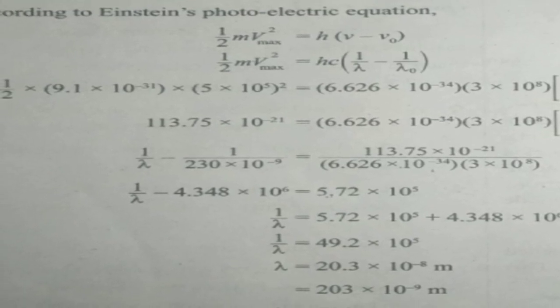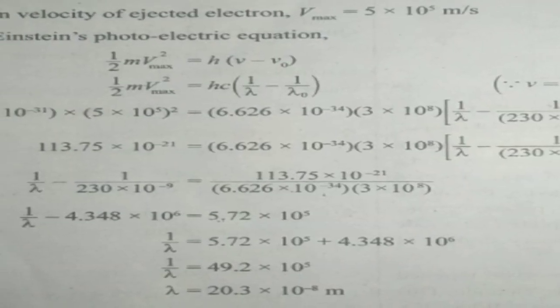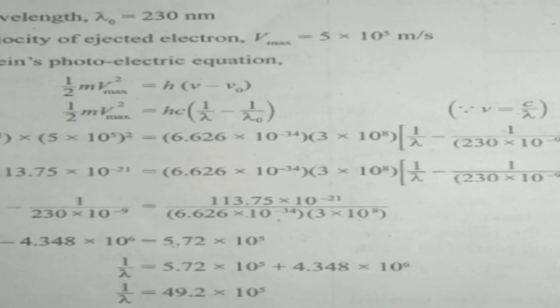Then we are taking the whole bracket, 1 by lambda minus 1 by 230 into 10 to the power of minus 9, onto the LHS side. The LHS is taken as the numerator, and the RHS is taken as the denominator.